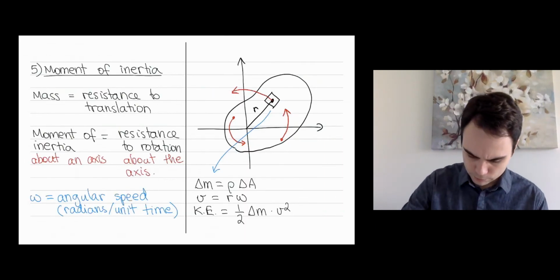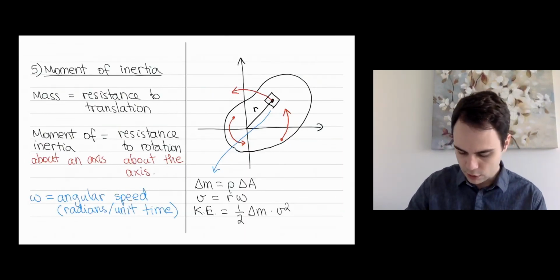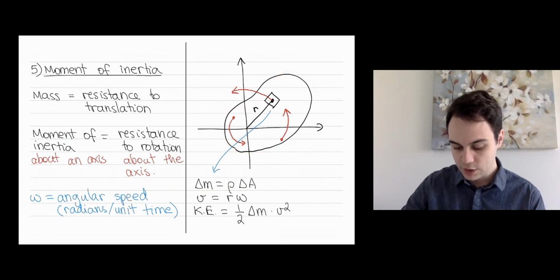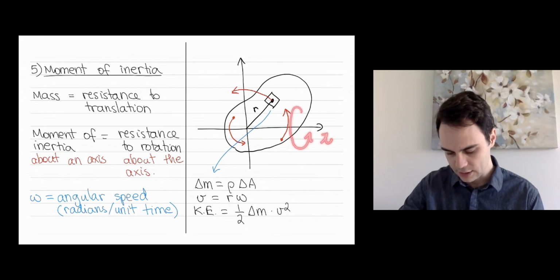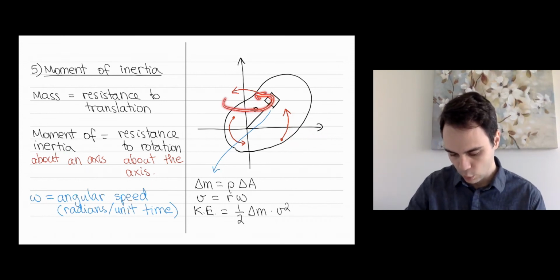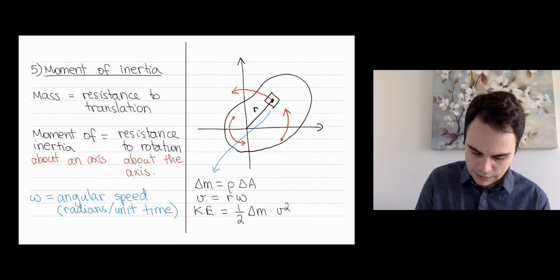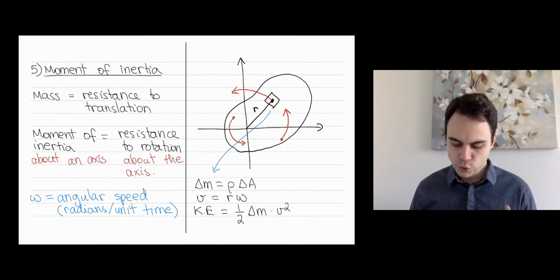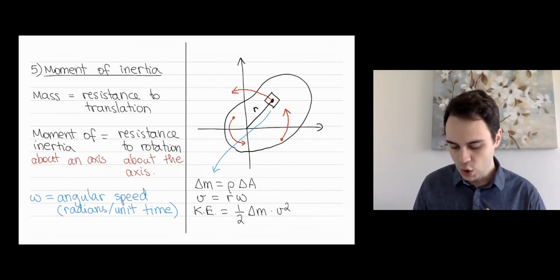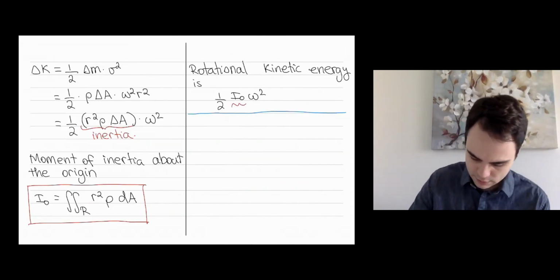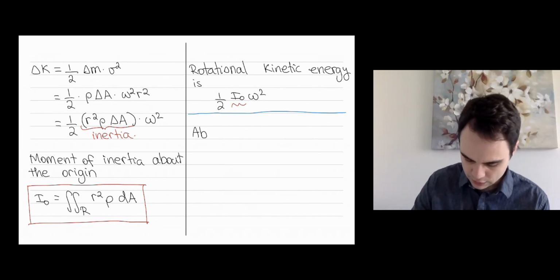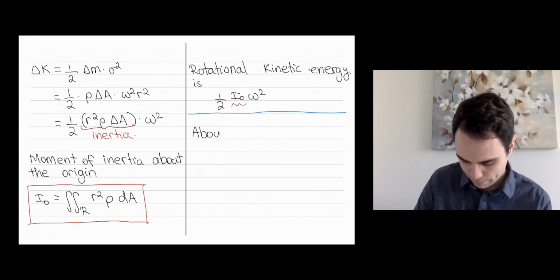For example, this object over here, we can rotate not just around the origin, but in principle also around the x-axis or around the y-axis. The same derivation would go through, but then you have to get the formula for the moment of inertia about those axes.